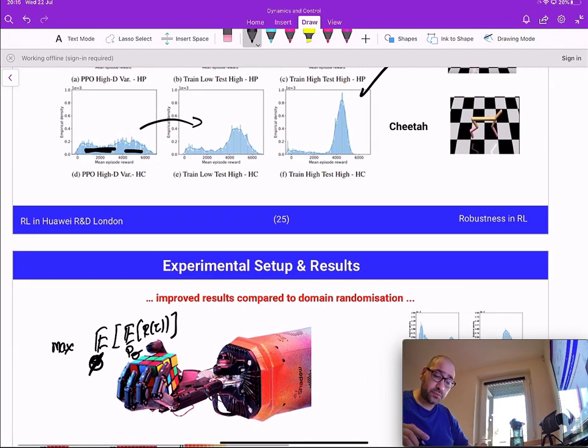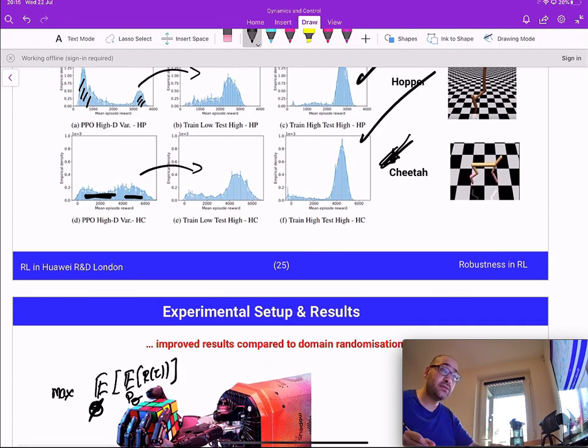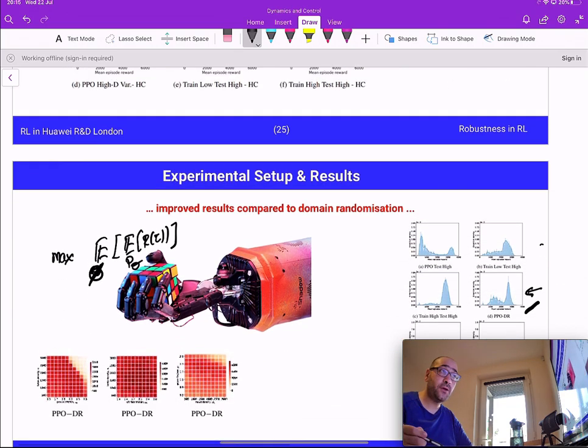Sorry, my bad, I didn't put them on the same slide, but maybe you want to compare this with that, and this with that. Then you realize that we have a higher reward distribution than domain randomization.